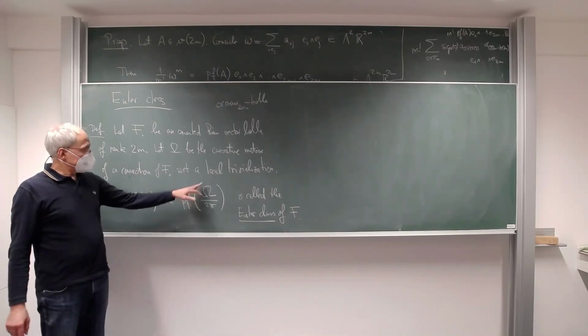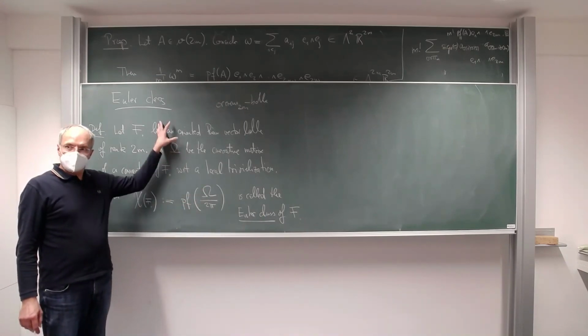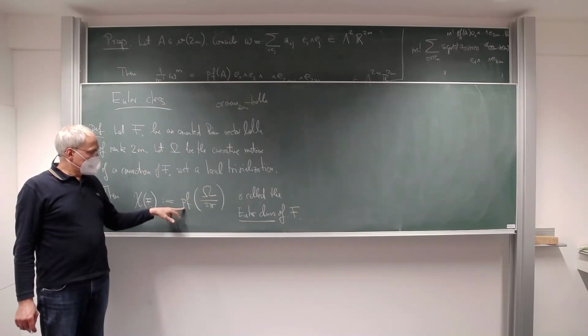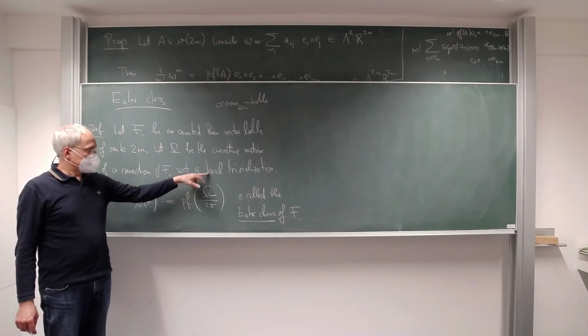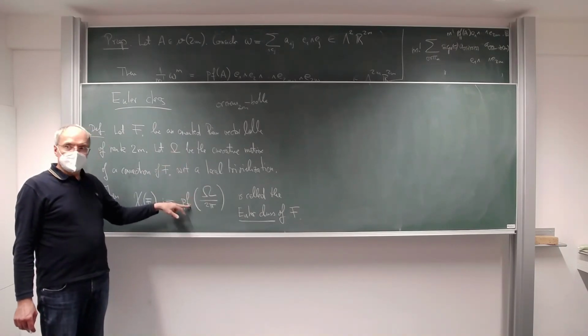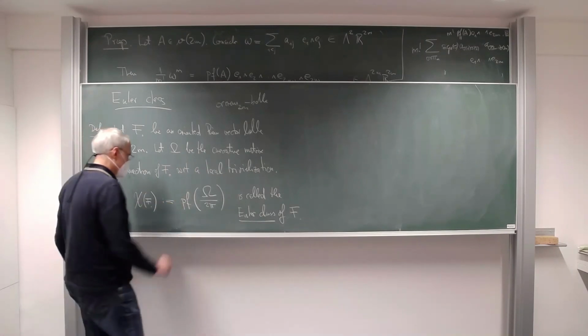But as long as the connection and the trivialization are adapted to the structure, we know that this thing will not depend on the choice of local trivialization, and a change of connection will replace this by something which is cohomologous to it.